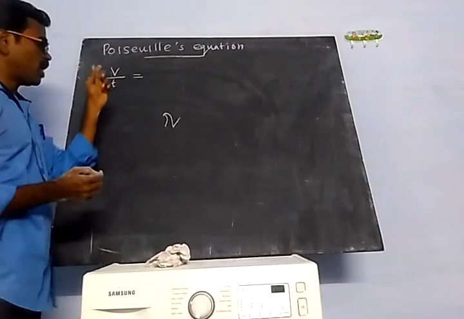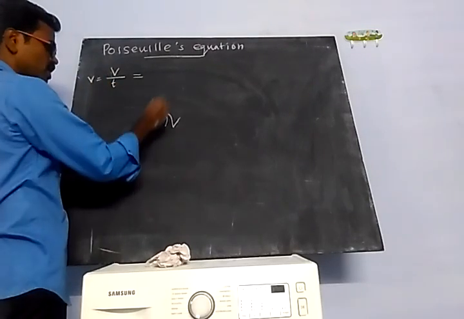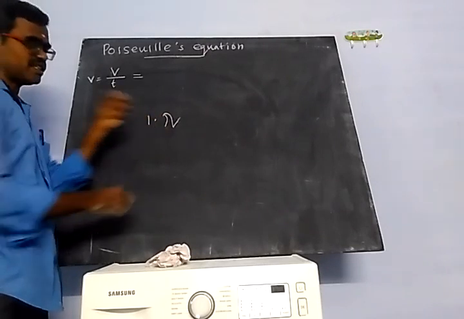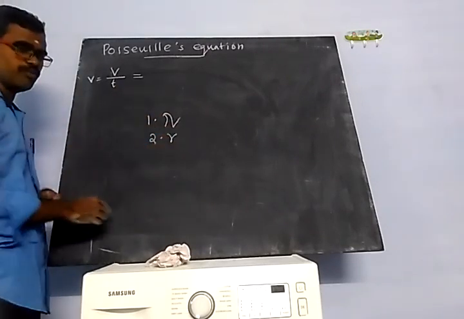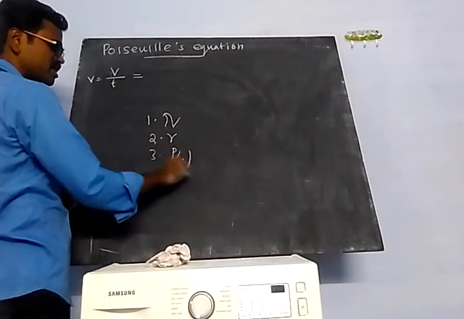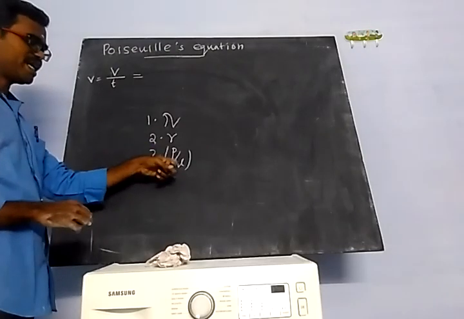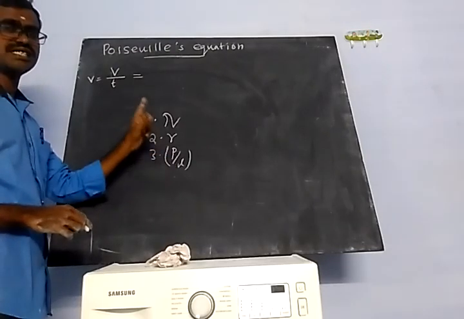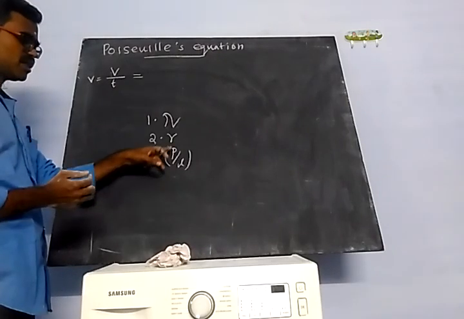So the volume of the liquid flowing per second depends upon the first one, coefficient of viscosity, second one, radius of the tube, and third one, pressure gradient, that means P by L. Pressure gradient means how much pressure there is per unit length.